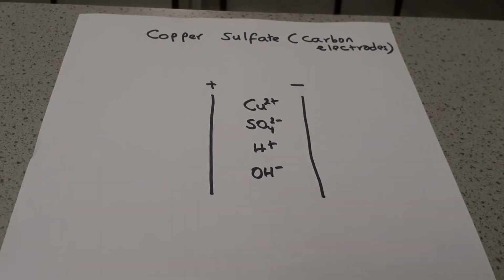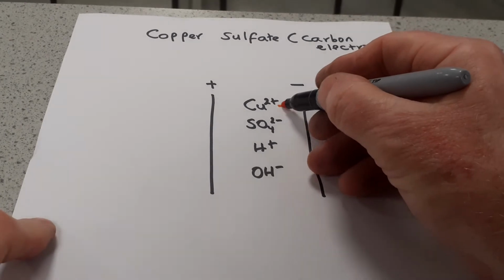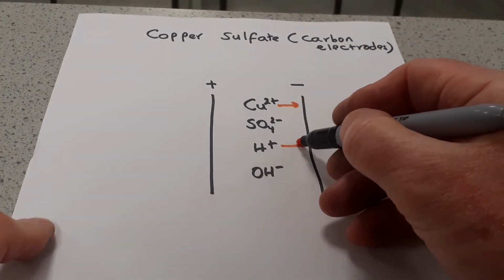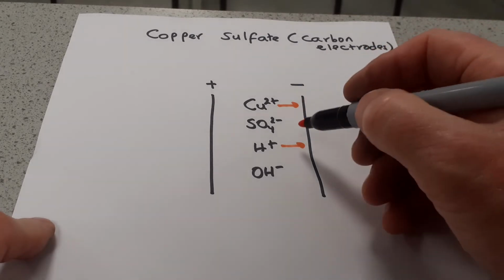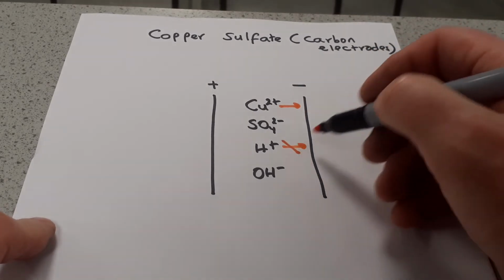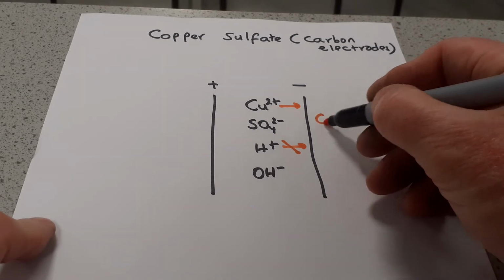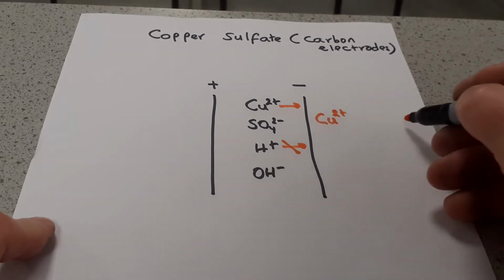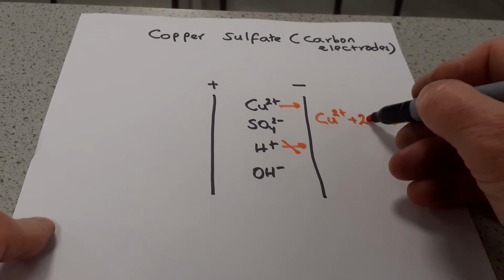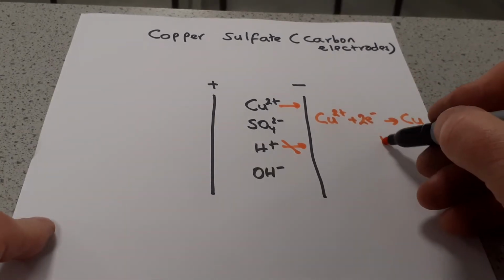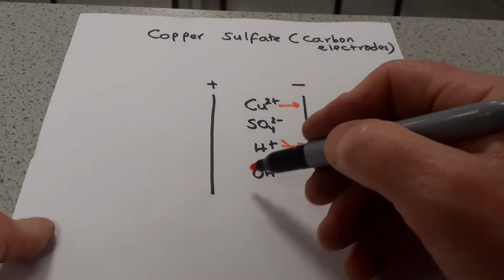Now, let's look at what happens here. Copper and hydrogen both move towards the cathode. Copper is the least reactive, so copper will be released. For copper to be released, it must gain 2 electrons, and this, as we know, is reduction.